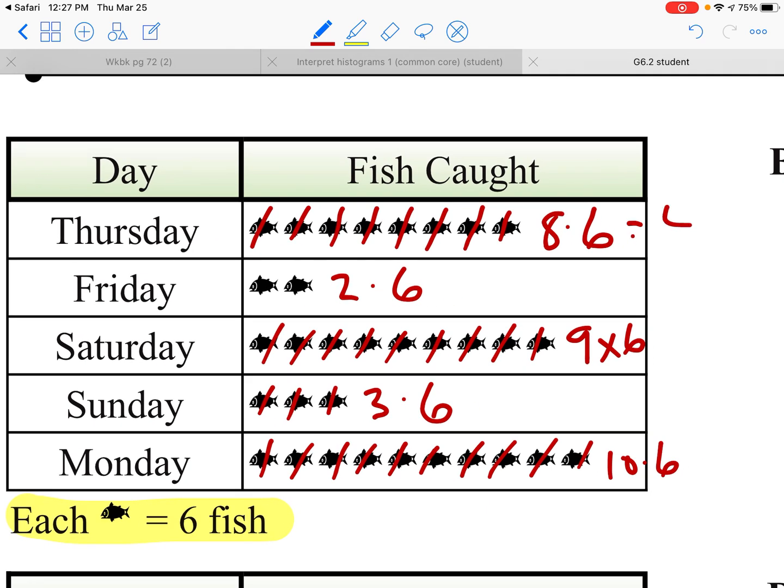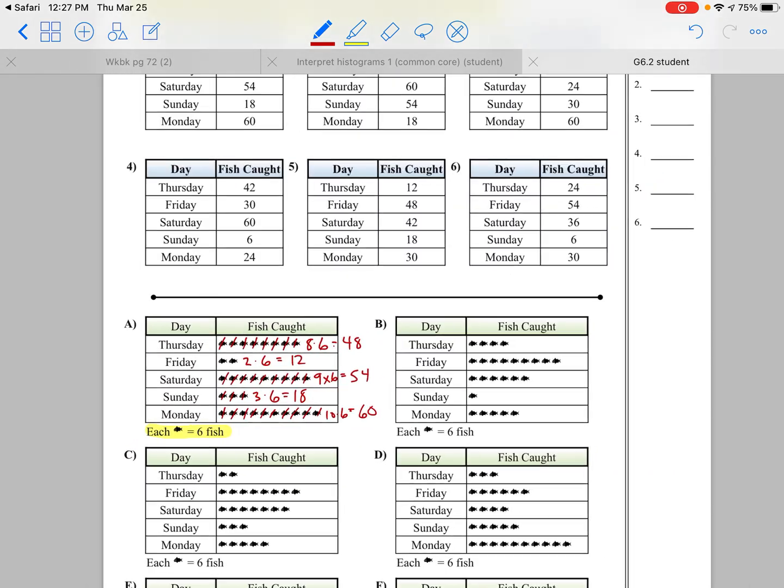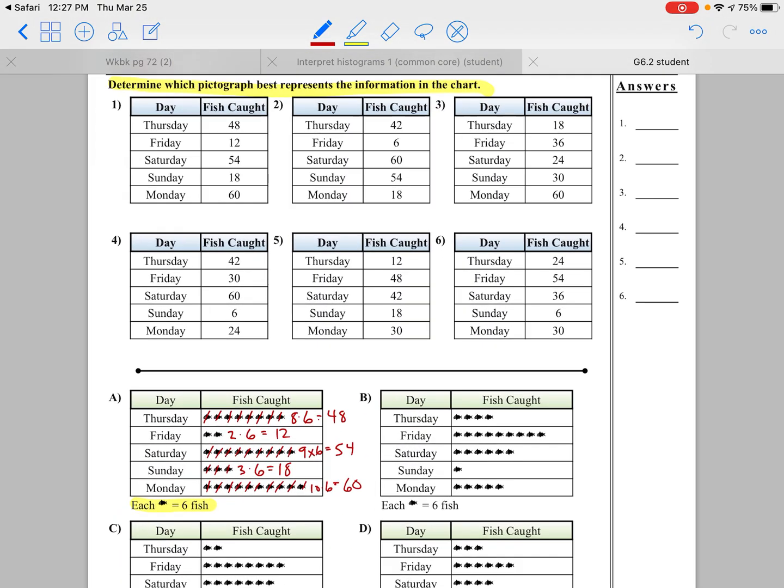Do multiplication. 8 times 6 is 48. 6 times 2 is 12. 9 times 6 is 54. 3 times 6 is 18. And 10 times 6 is 60. So there's bound to be a data table that has 48, 12, 54, 18, and 60.